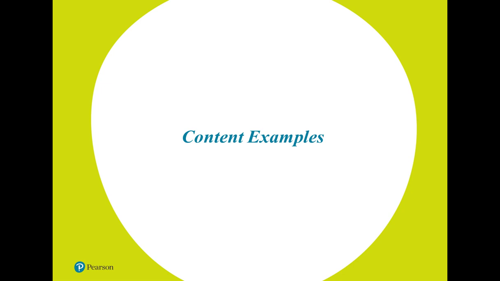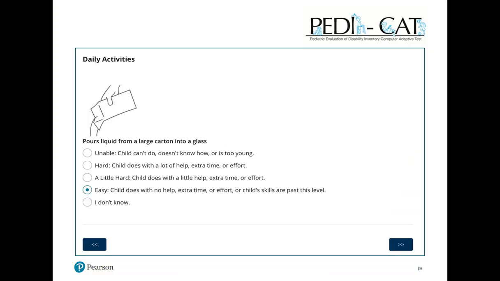So I want to give you a few content examples that will help clarify the look and feel of the assessment and the sort of questions that a caregiver is going to be reporting on. So we'll run through these. These are some screenshots that I've taken from the actual assessment. This is an example of a daily activity item. You'll see it's laid out with the daily activity and the mobility items.